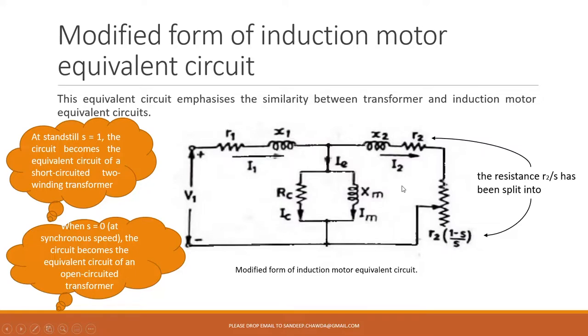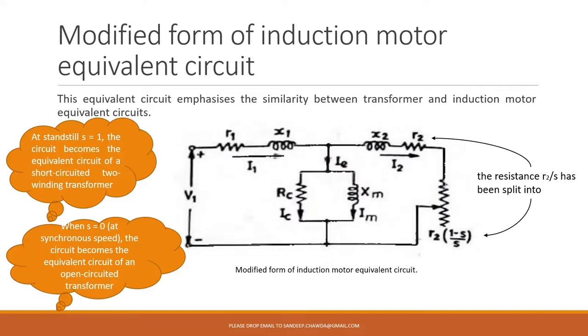Here you can see that R2 by S is split into two parts, R2 and another R2 term, and when you add these two, you get that value only, R2 by S. So this is called the modified form of the induction motor equivalent circuit. Only R2 by S is shown in a split form.